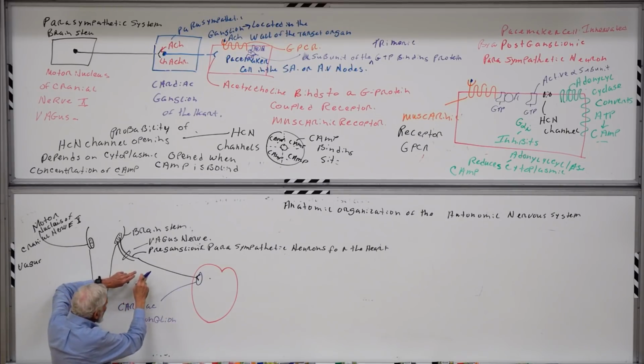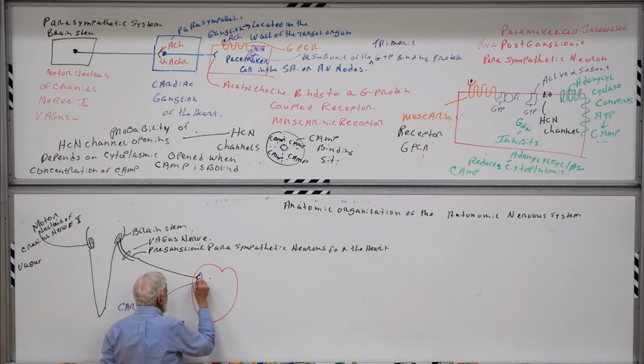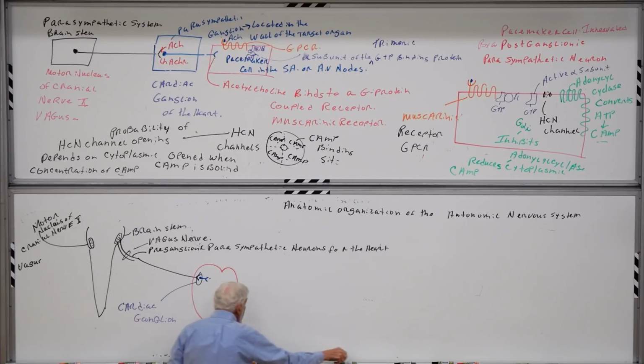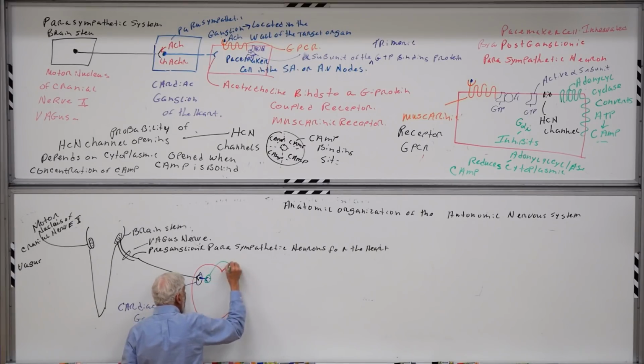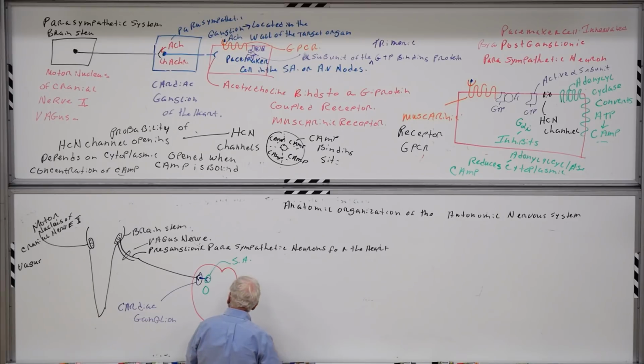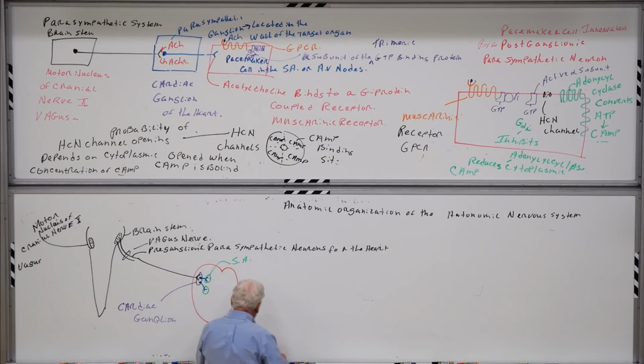This pre-ganglionic parasympathetic neuron, as we showed in the boxes, synapses onto a post-ganglionic neuron, which now has a short axonal process to innervate cells in either the SA or AV node.